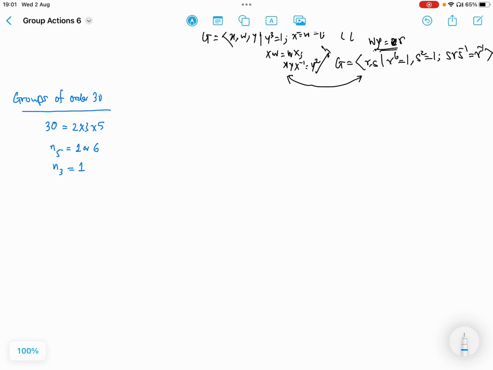Either it is 1 or 10, right? That is easy. And now we need to show that none of them... if one of them is 1, that means that the Sylow subgroup is normal. But we are claiming, so we need to show that this case cannot occur.